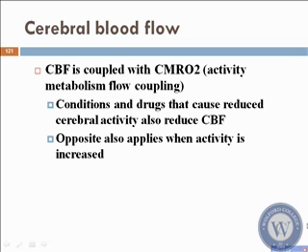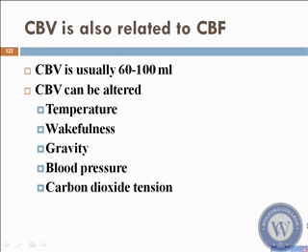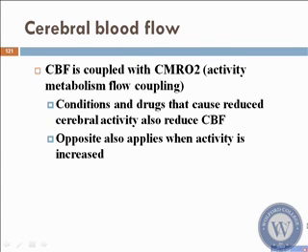Cerebral blood flow has to be related very much with cerebral metabolic rate of oxygen consumption. If you increase cerebral metabolic activity, cerebral blood flow has to be increased, okay? Which is what I talked to you about earlier. I told you that different portions of the brain will get different degrees of blood perfusion depending on how much activity it has. It simply has to do with cerebral metabolic rate of oxygen consumption.